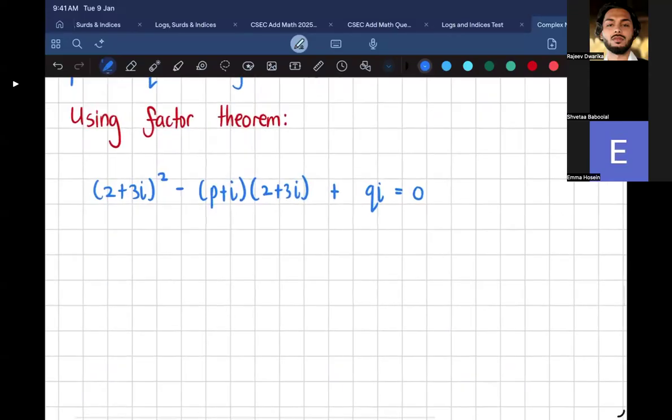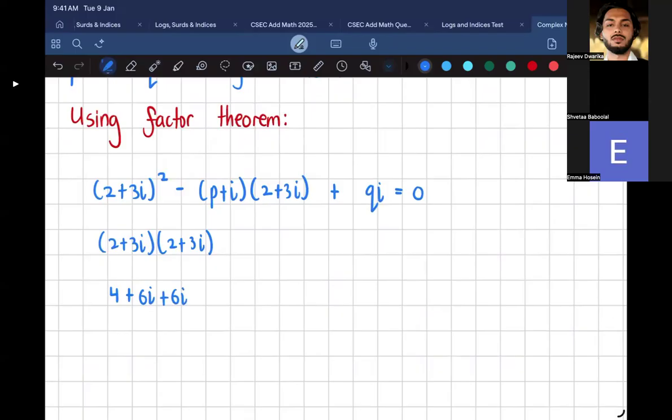So (2 plus 3i) squared is going to work out to be 4 plus, I think the middle term is 6i. Wait, let me just do the whole thing: 2 plus 3i times 2 plus 3i. 2 times 2 is 4, 2 by 3i is 6i, and 3i by 2 is 6i again.